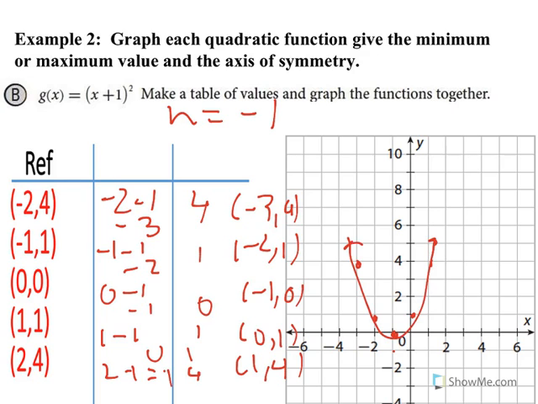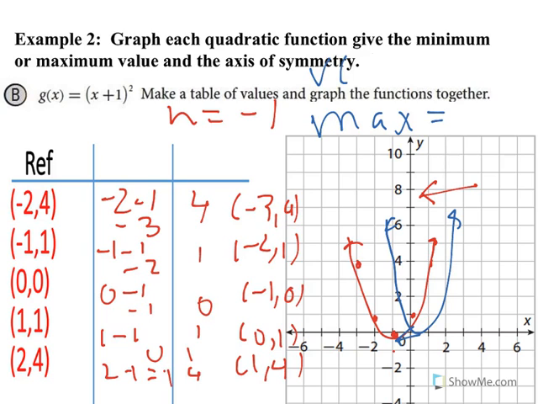Okay, notice that the graph shifts 1 unit to the left, right? So the blue is our parent graph. So the graph shifts 1 unit to the left. Okay, and see that the graph opens up, so we have the minimum. So the minimum is right at the vertex.